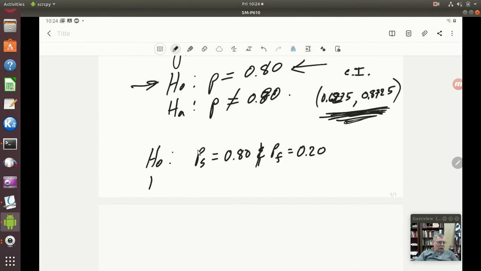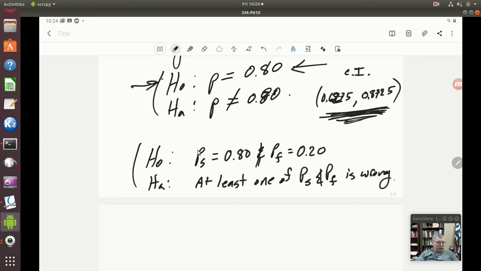And then the alternate is that at least one of PS and PF is wrong. These are equivalent hypotheses, right?